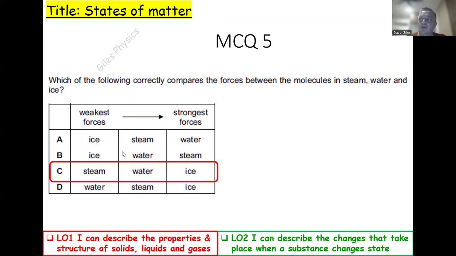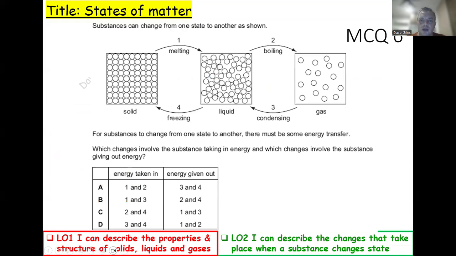And the final of the multiple choice questions, question 6. Substances can change from one state to another. For substances to change state, there must be some energy transfer. Which changes involve the substances taking in energy and which involve the substances giving out energy?